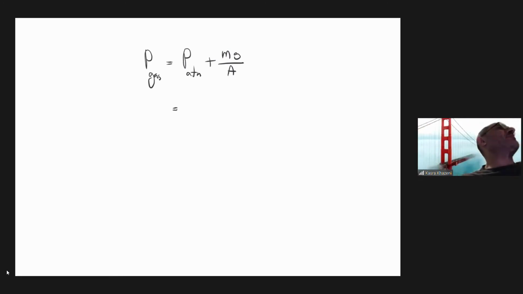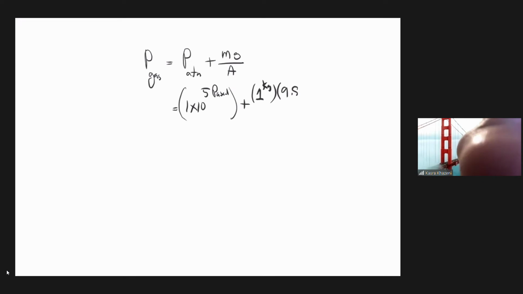Do you guys remember what the atmospheric pressure is? Isn't it like 100,000 Pascal or something? Yeah, so that's roughly 1 times 10 to the 5 Pascal, plus, let's give these some reasonable numbers. Mass of the piston, say it's 1 kilogram. That's pretty heavy, but hey. We already know the g acceleration.